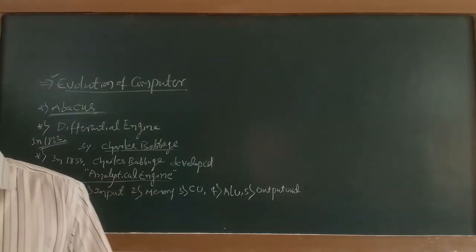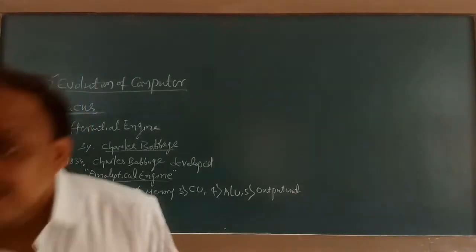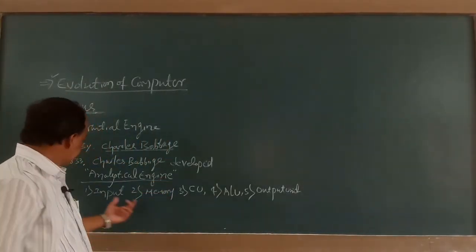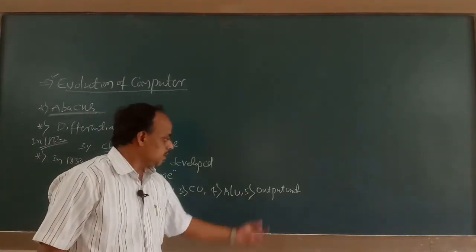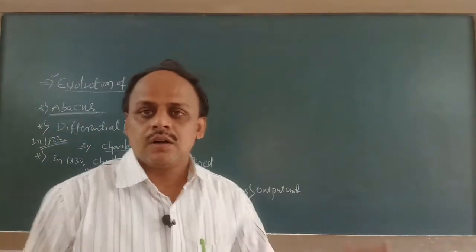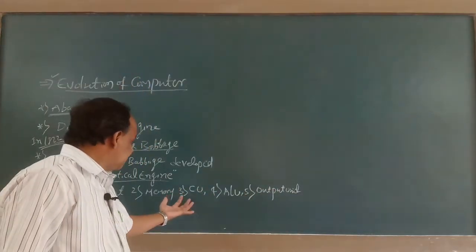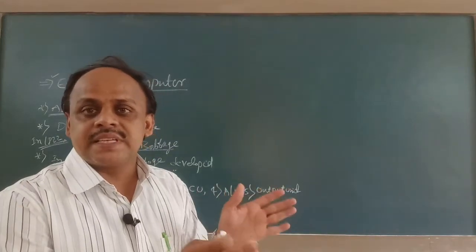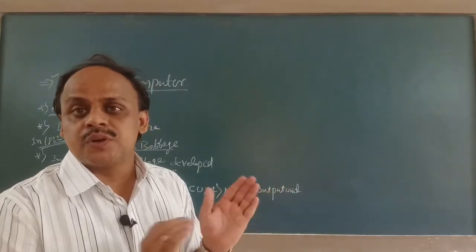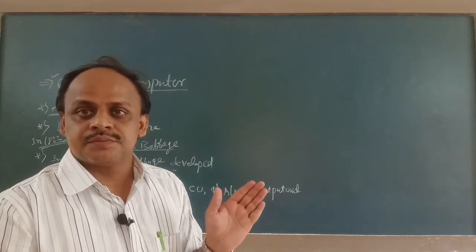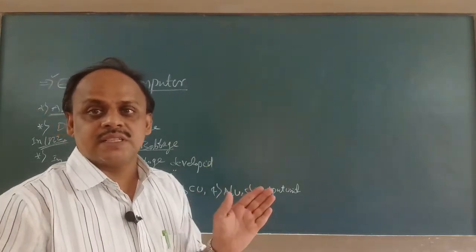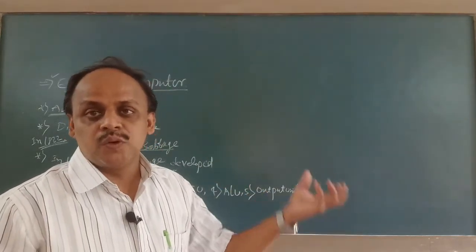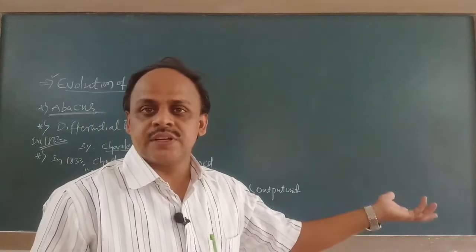This analytical engine consists of 5 functional units. On the basis of these 5 functional units only, the present computer system works, right? Last class we discussed the block diagram of a computer that contains input unit, memory, CPU, output unit, right?